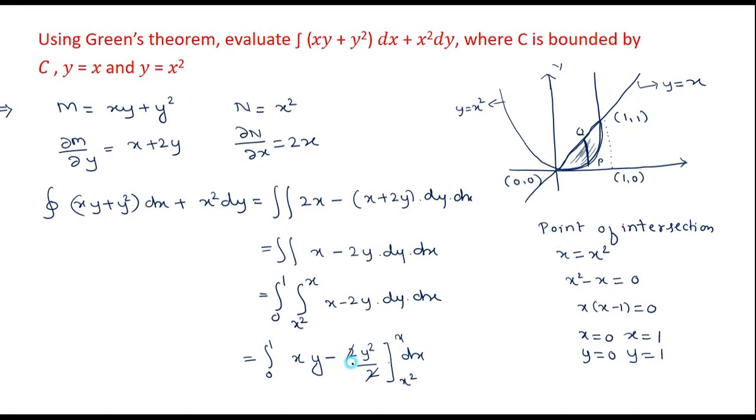So cancelling 2 here and substituting the upper and lower limits, that will be the integral from 0 to 1. For the upper limit, which is x, we have x into x minus x square, minus the lower limit, which is x square: x into x square minus x square the whole square, which will be x raised to 4.